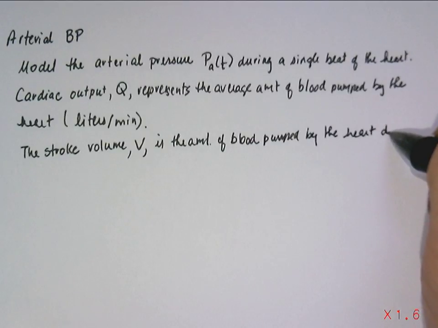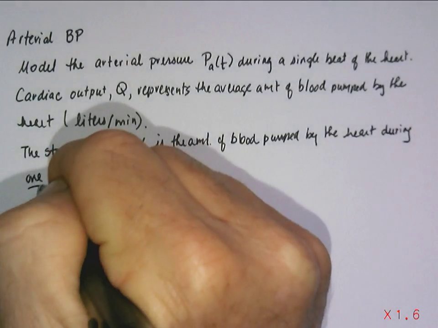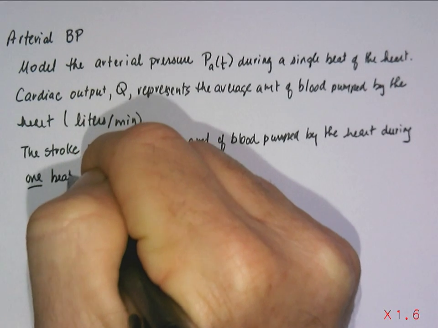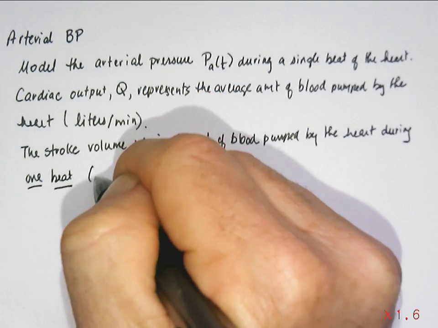So you can see the difference between total cardiac output, the average amount of blood that you can pump out of the heart in a minute's time, versus stroke volume, which is the amount of blood that's actually pumped by the heart during one beat. So it's emphasized, during one beat. And of course, that would be liters per beat.